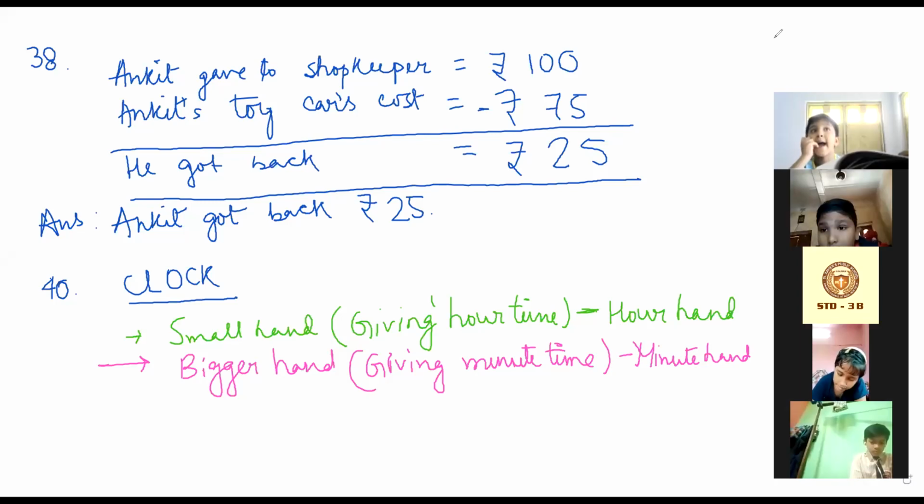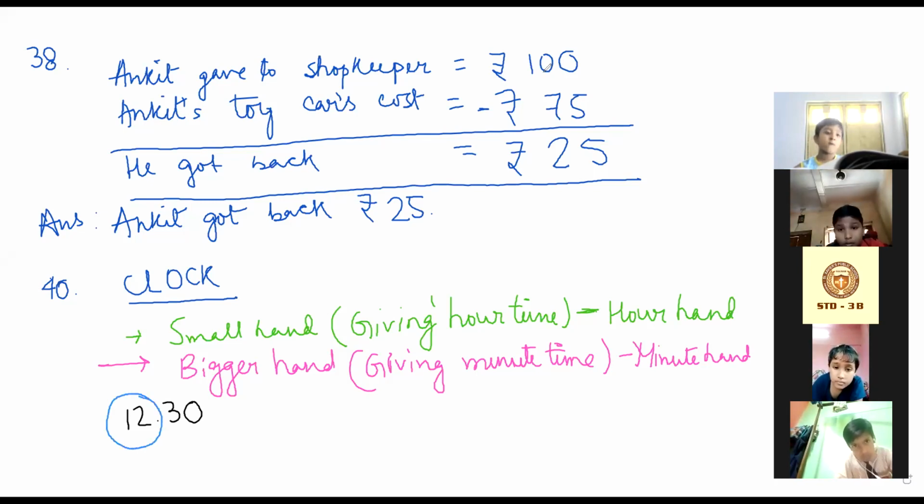Small hand is giving the hour time. That is why it is known as hour hand, and bigger hand is giving the minute time. That is why it is known as the minute hand. That means what? Suppose I am telling you that 12:30 is the time, right? Here you will see 12.